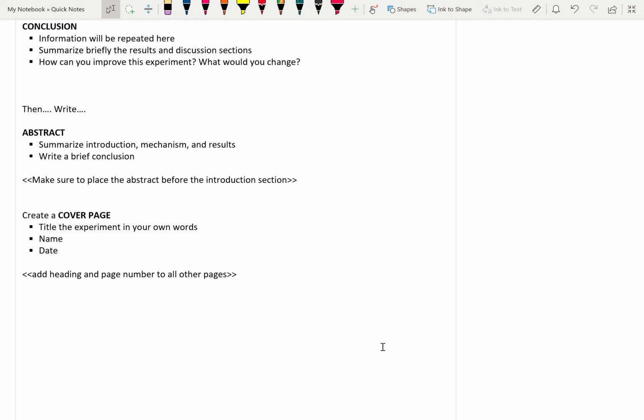Make sure your introduction references are matching with your works cited references. Everything needs to be in ACS format. If you're having a hard time with that, please email me and I can get you a file of how to format in ACS. It's also available online if you can just Google it.